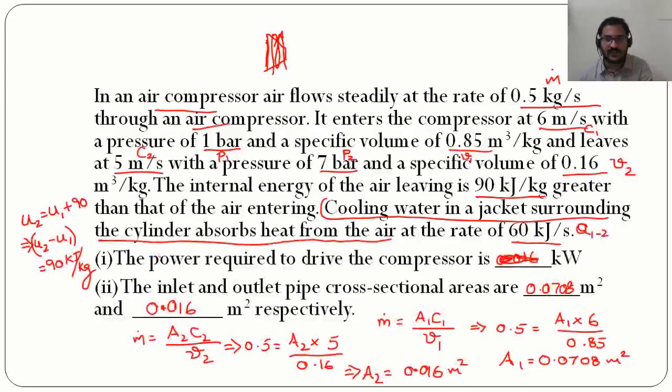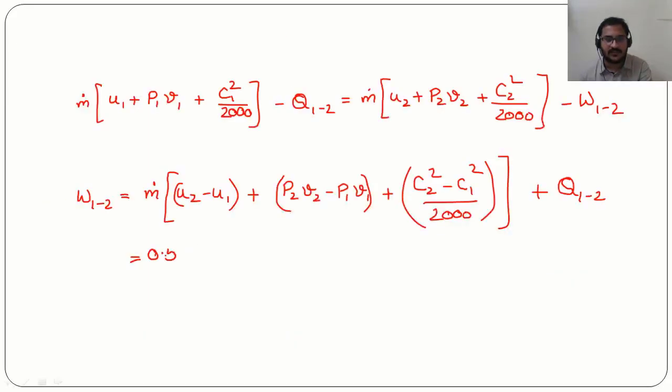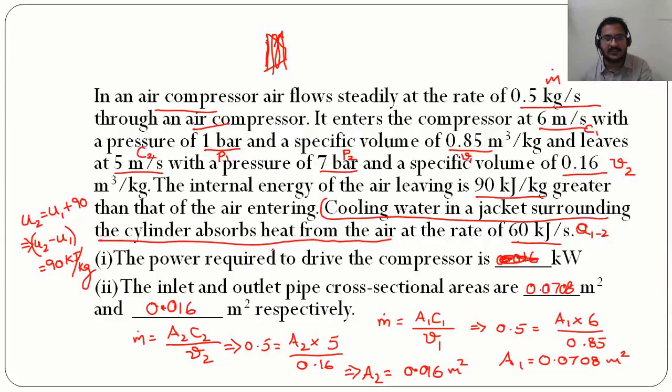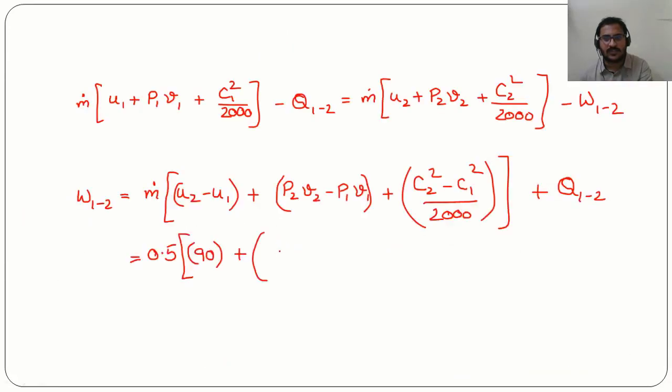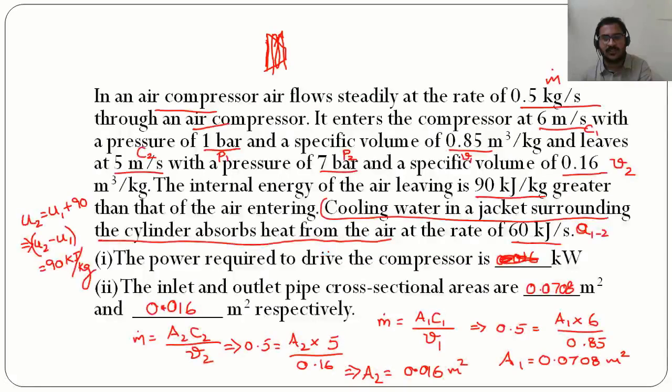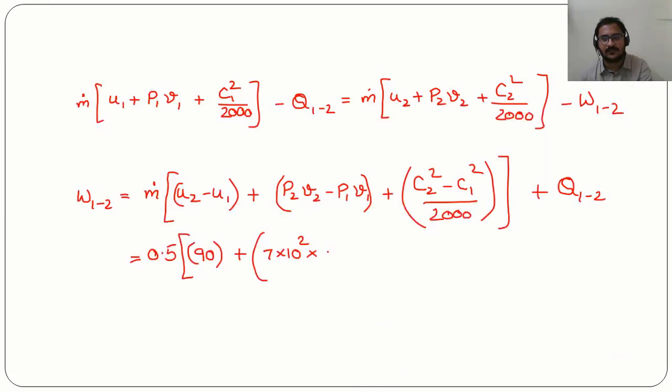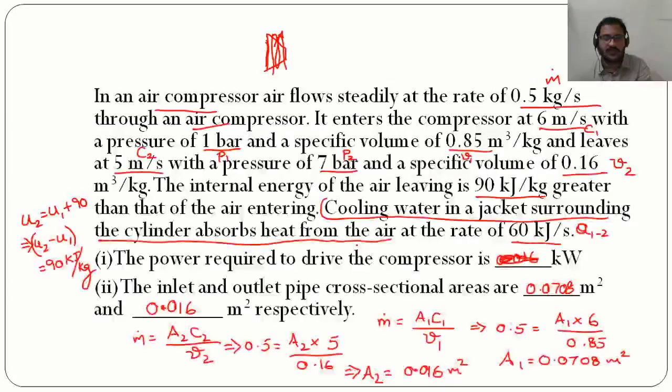Mass flow rate is given in the question as 0.5. Internal energy U2 minus U1 value is 90, plus P2. P2 value is given as 7 bar. So 7 into 10 square into specific volume V2, given as 0.16. You have to convert bar into kilopascal because everything is in terms of kilojoule per kg.